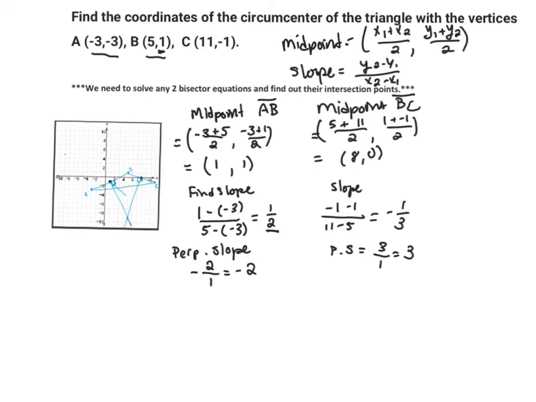Now I'm going to flip the slide and finish the rest of the problem. The next step is to find the equation of the line. We need to use the formula y minus y1 equals m times x minus x1. We're going to use those midpoints.